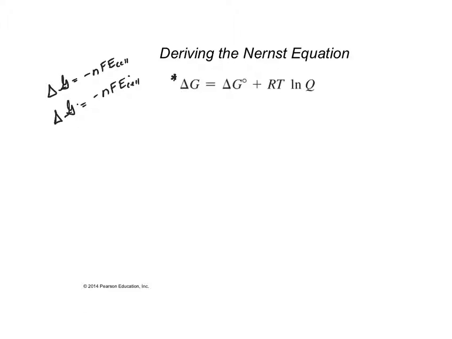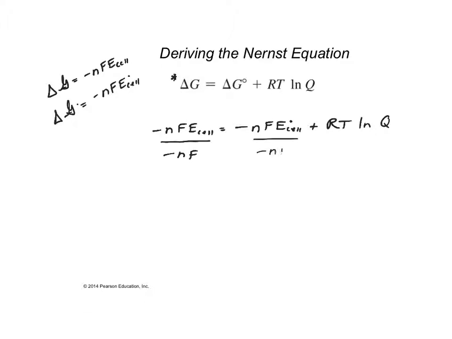So I can substitute both of those in. We've got minus nF E cell is equal to minus nF E naught cell plus RT ln Q. We can do the exact same thing, divide both sides by minus nF.